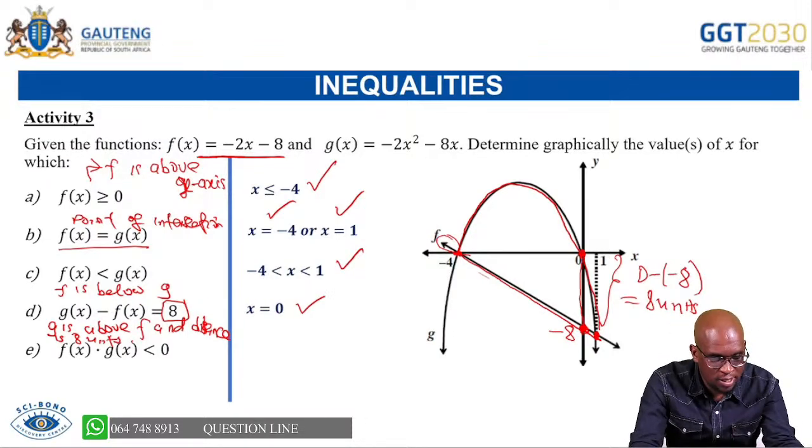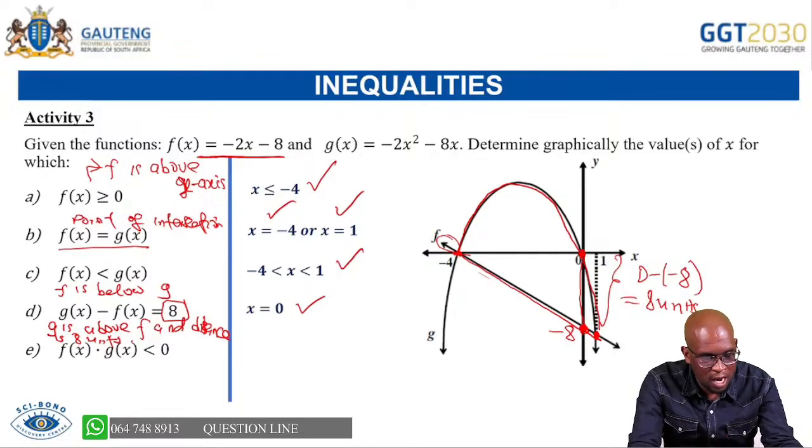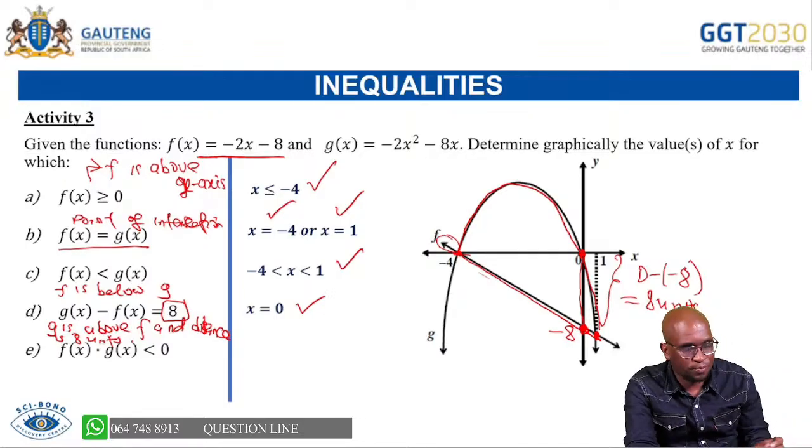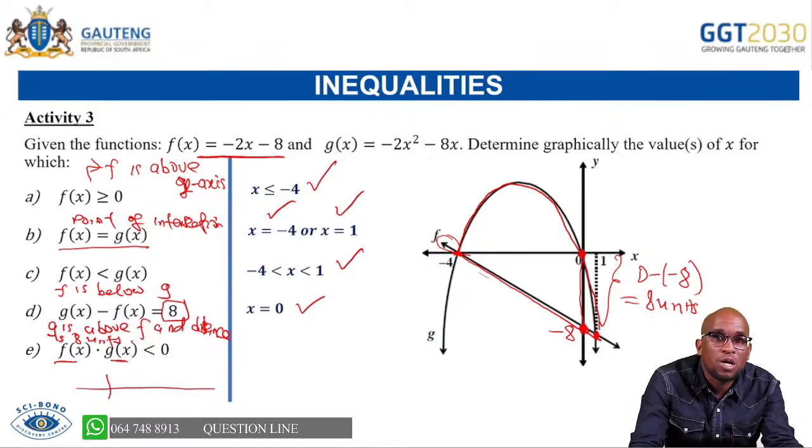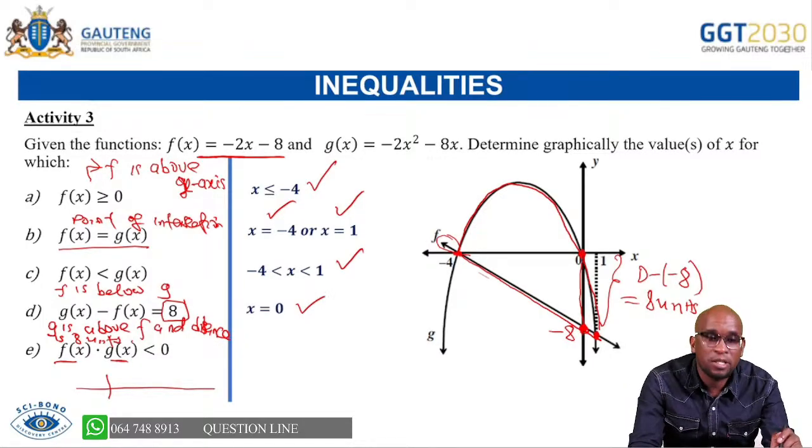Last but not least, f times g is negative. So in this one, we are going to try locating that region. F times g is equal to 0. We are combining, so we need to focus on the x-intercepts.